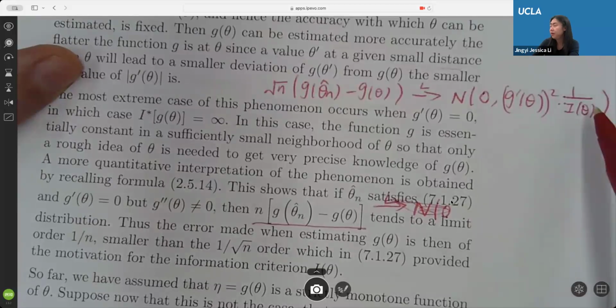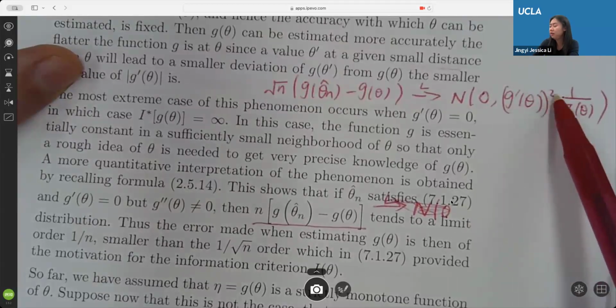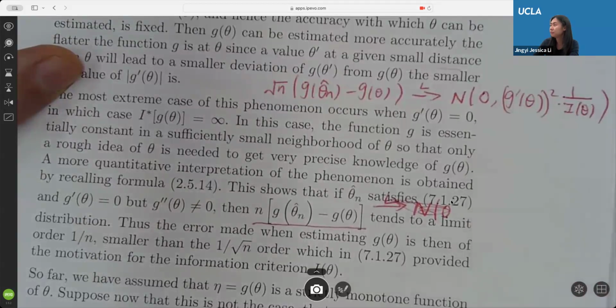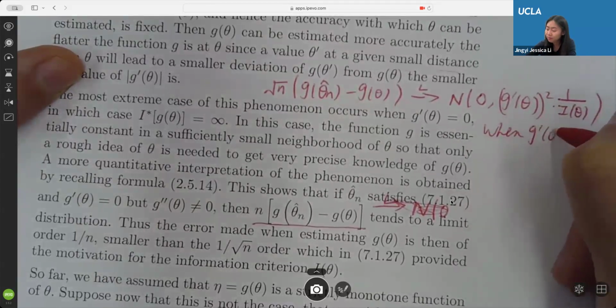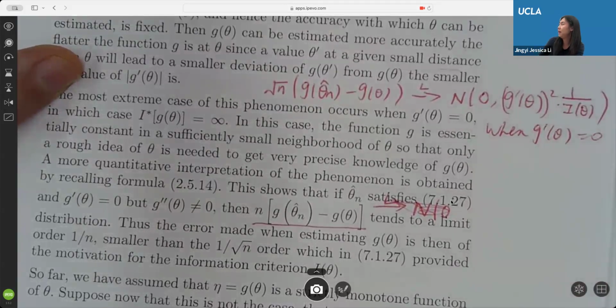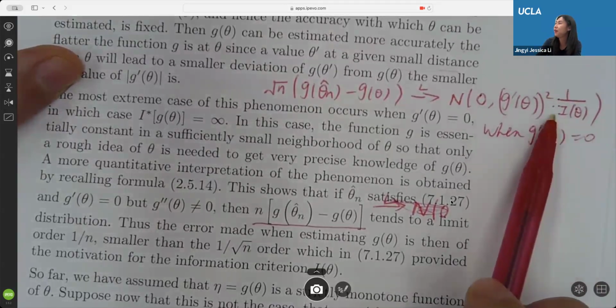So the asymptotic variance will be multiplied by the square of g prime theta. That's essentially it. But this delta method result will break down when g prime theta is 0, because when that is the case, you have a 0 asymptotic variance.